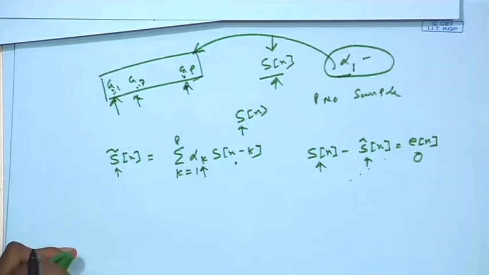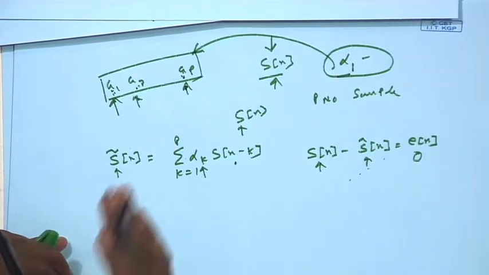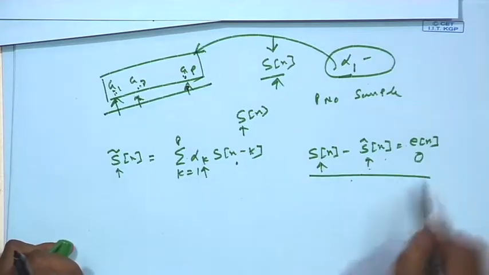So, there are two kinds of things: one is called analysis, another is called synthesis. If I know A1, A2, AP and the previous p number of samples, I can synthesize the current signal. Or if I know the current signal and the previous p number of samples, I can predict the set of values of A for which the error will be 0.